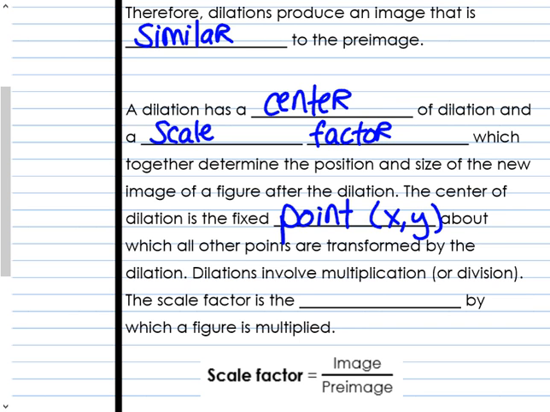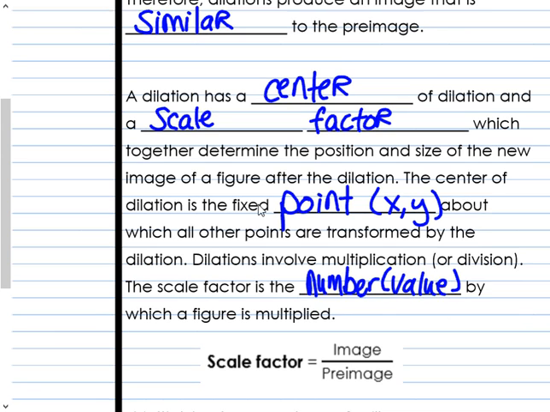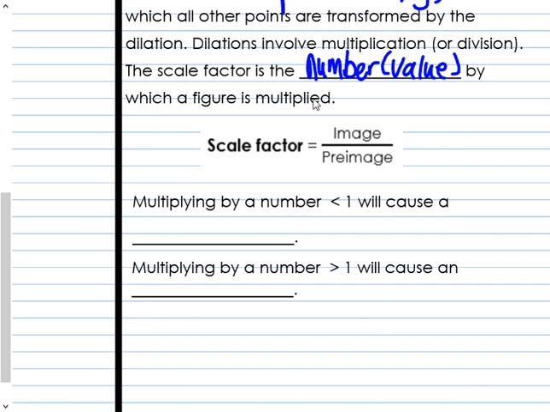The scale factor is the number or the value by which a figure is multiplied. So to find the scale factor, you take the length of the side of the image and divide it by the length of the side of the pre-image.